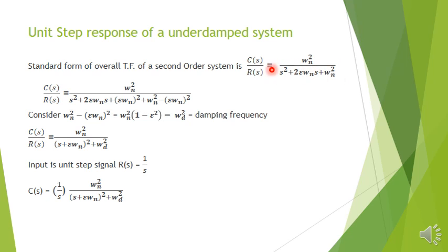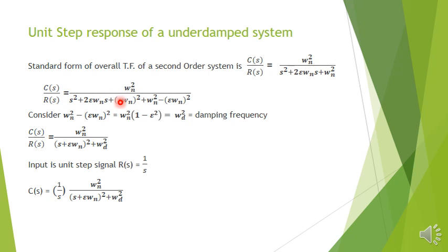For a second order system in this form, which is not a standard form, we cannot find the inverse Laplace transform. So I will rearrange this by adding zeta omega n whole square and subtracting zeta omega n whole square, so the equation remains the same. Adding it makes this a perfect square.